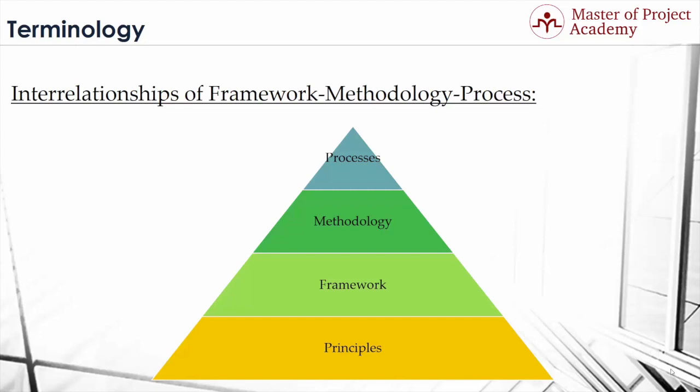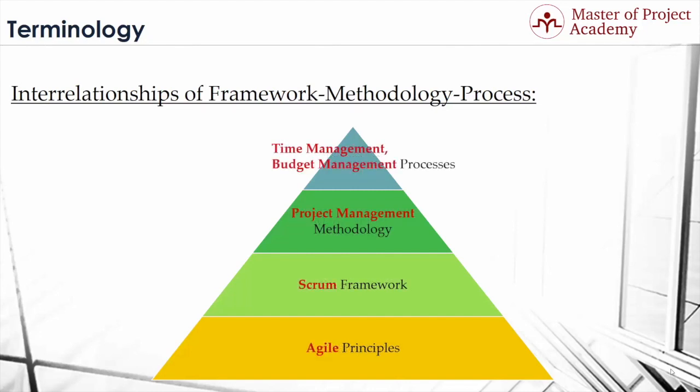It will be perfect to make an analogy of this pyramid to existing principles, frameworks, methodologies, and processes. As you see, the bottom of the pyramid is Agile principles. Agile principles describe the must actions or steps that need to be followed. And on top of Agile principles, Scrum Framework is one of the frameworks structured using Agile principles.